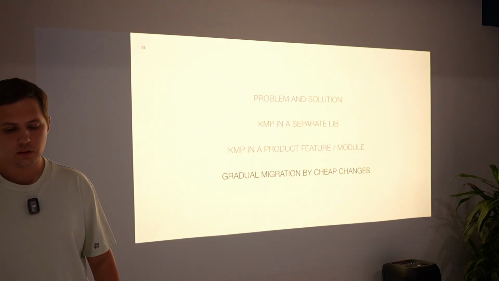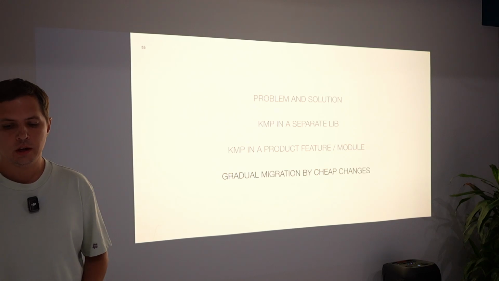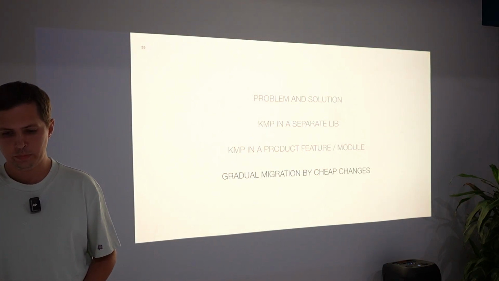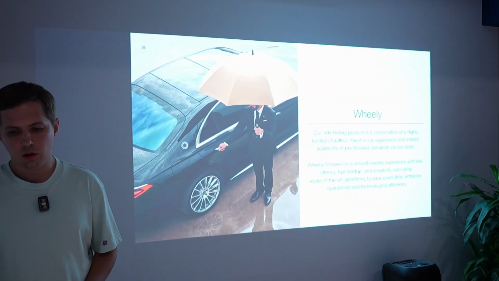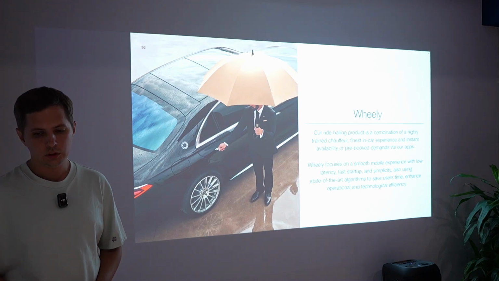And the third way I want to share with you today is gradual migration in an Android project by chip changes. This is the way we are trying now in our Willy applications. Willy is a ride-hailing product.